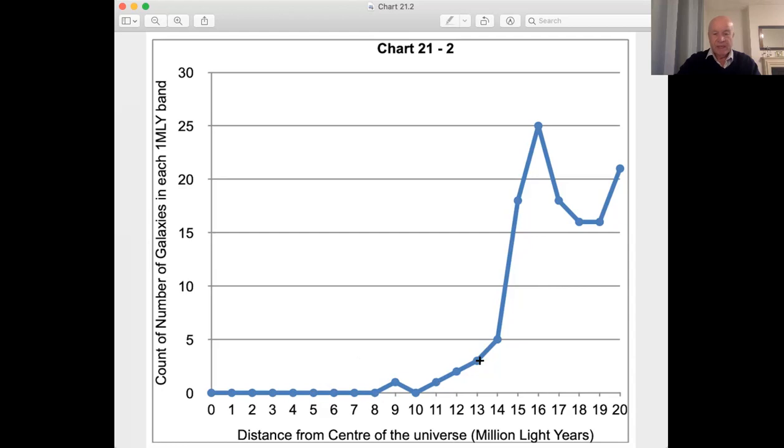Now it's interesting to note the form of this curve as it goes beyond. It reaches a peak here and then drops down before starting to rise again. And my explanation for this is that galaxy formation forms from the expansion of space, and the tension builds up in the fabric of space-time until that energy is released in a galaxy formation event.